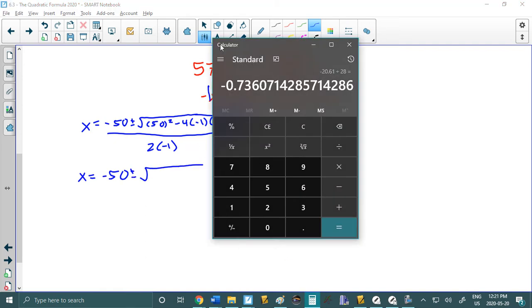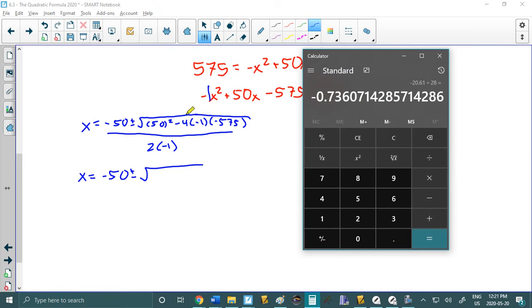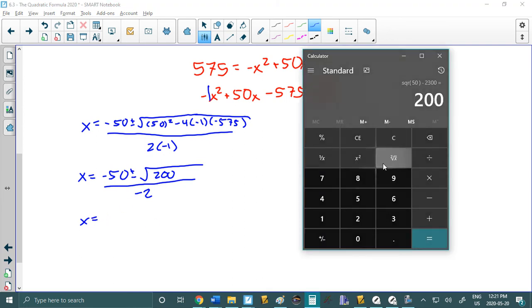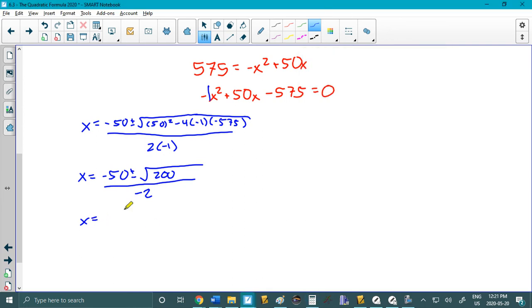Okay, so in brackets here, we've got a negative times a negative times a negative, so this will actually be negative. So 4 times 575 is 2300. So 50 squared minus 2300. So we get 200 under the square root sign, all over negative 2.